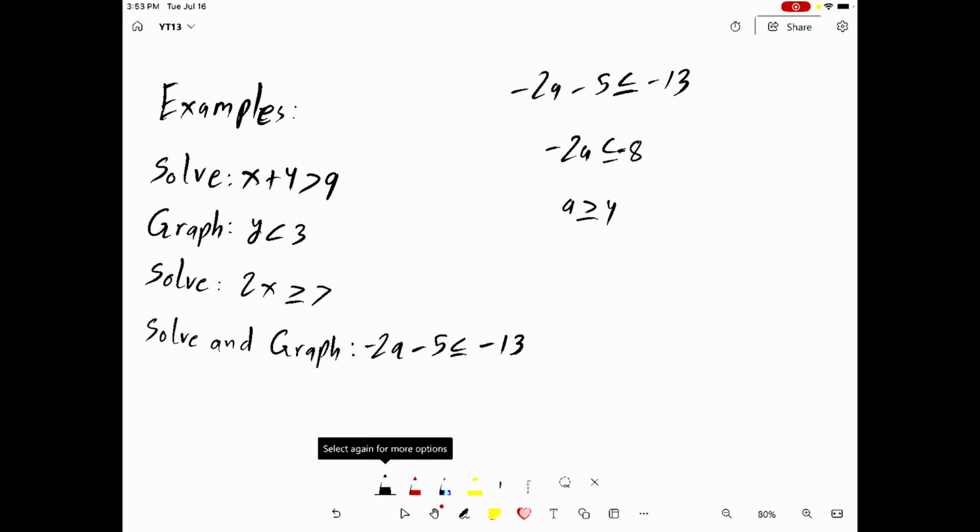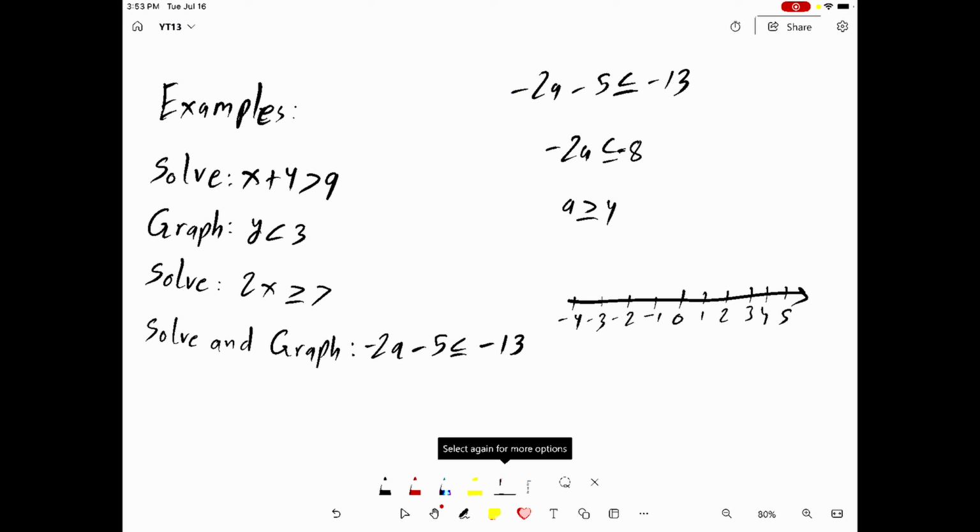But I also said we have to graph. So what we're going to do is draw the number line. Here is our number line, which I'm going to extend because it's greater than or equal to 4. So we can have some more, like maybe 6 and 7, and then negative 5, negative 6, and finally negative 7.